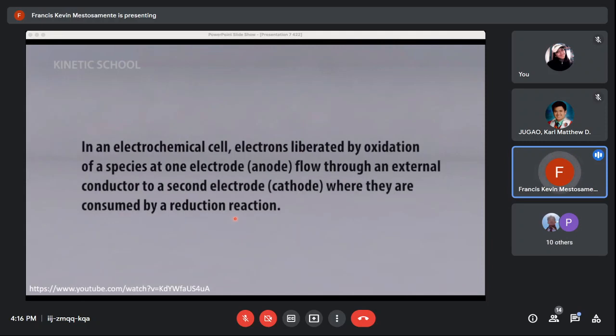In an electrochemical cell, electrons liberated by oxidation of a species at one electrode flow through an external conductor to a second electrode, where they are consumed by a reduction reaction.